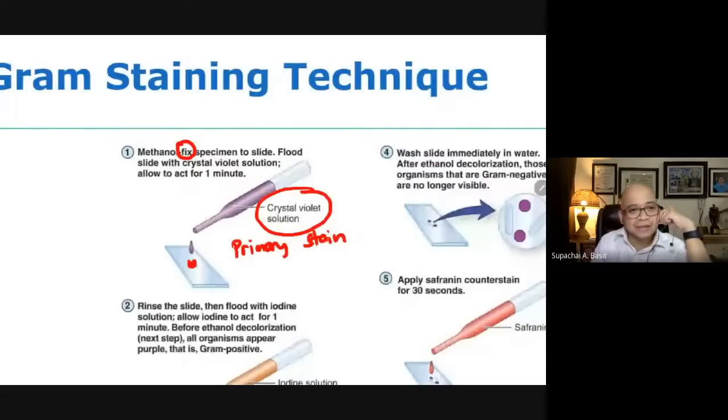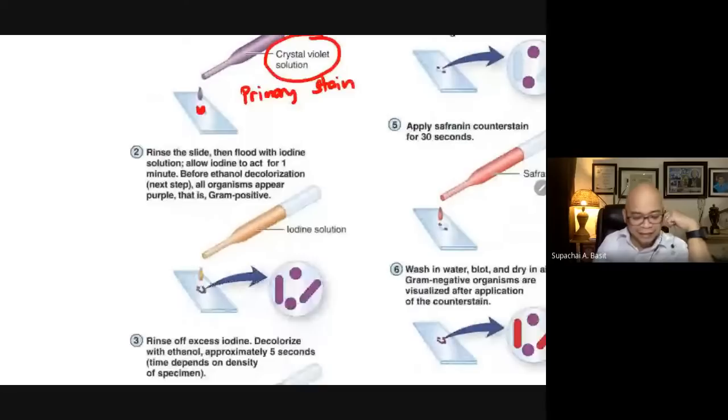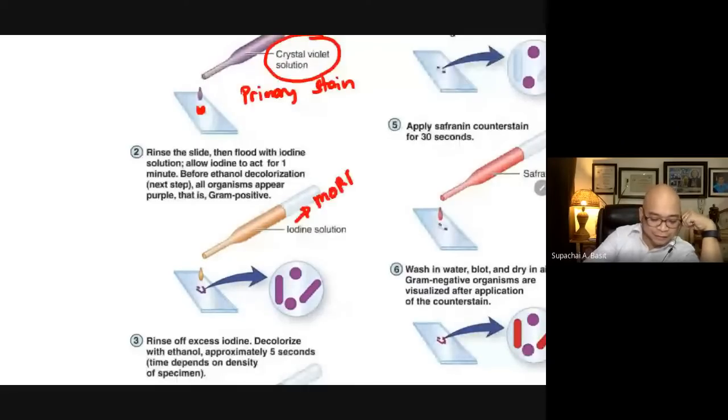We rinse the slide, and after rinsing, we flood the smear with iodine solution. What is the purpose of iodine? Iodine is a mordant. What is a mordant?